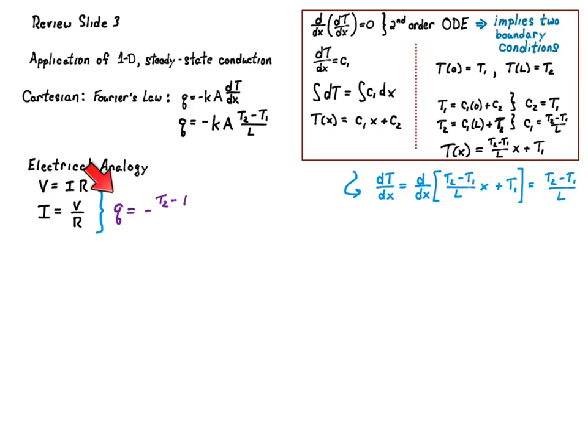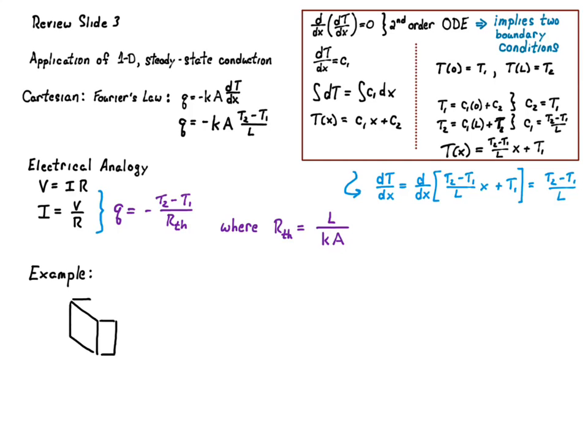As current flows in an electrical system, we have heat flowing in our thermal system. It's being driven by a temperature differential, and we have thermal resistance that resists the heat flow. The thermal resistance is given by the total length that the heat has to travel through, divided by the thermal conductivity and divided by the area. And the area is just the area of the material that the heat is passing through.